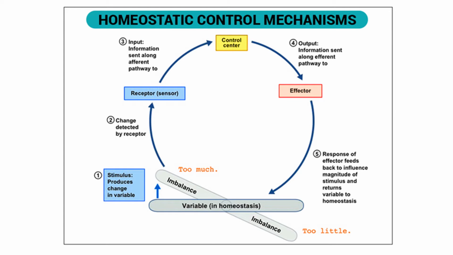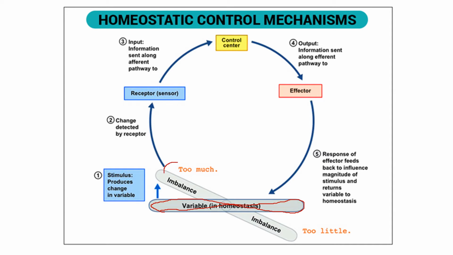So this is just a little graph, showing how you have the control of the effector and the receptor. Let me get the pen here. Okay, so just think about, again, balance. Homeostasis is kind of like a seesaw, teeter-totter balance.